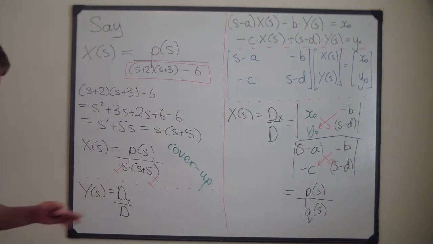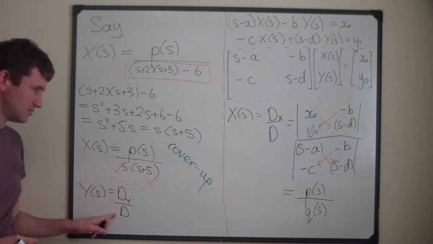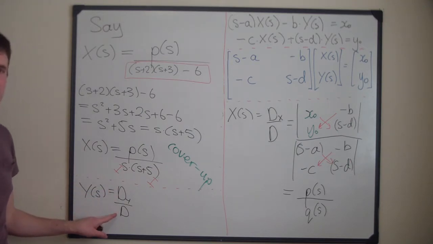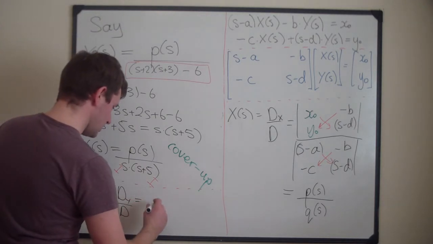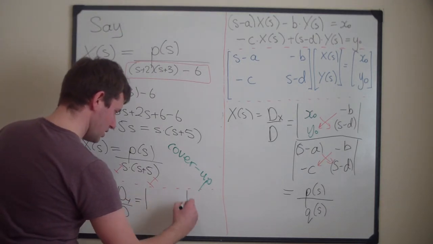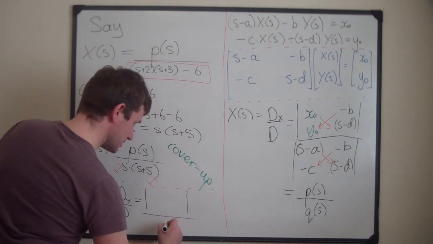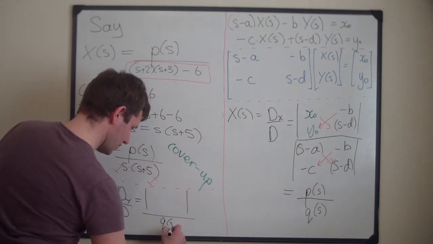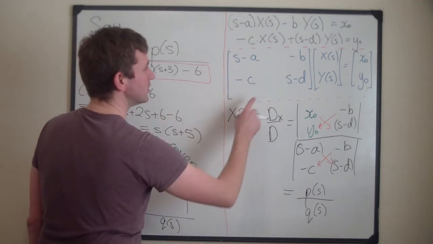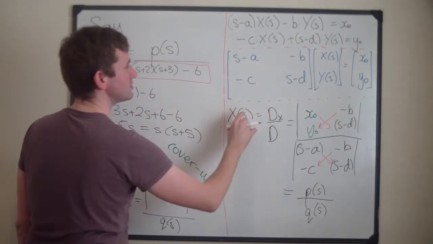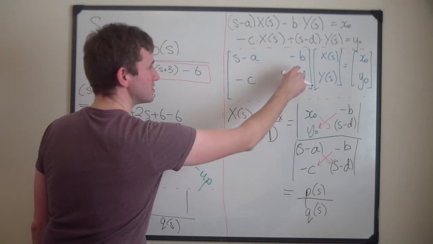So what I mean by that is, once you find x, there's a lot less work to do to find this. So dy will be different, in fairness. So dy, going back to the abstract example, the d is the same, say q of s, in this case s times s plus 5. For dy, go back to here, you find the determinant of this, but replace the y coefficients with the constants.